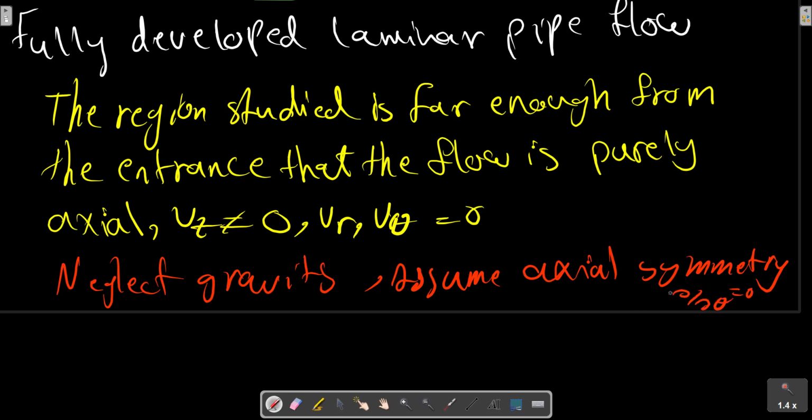for axial symmetry. The equation of continuity in cylindrical fully developed fluid flow is, so let me write the equation of continuity.